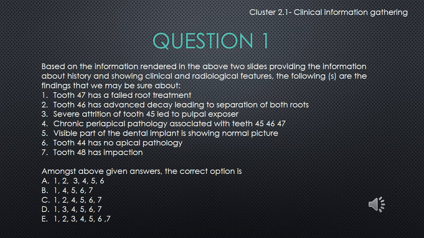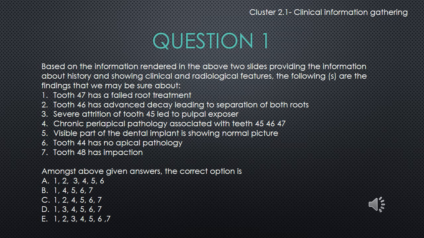1. Tooth 47 has a failed root treatment. 2. Tooth 46 has advanced decay leading to separation of both roots. 3. Severe attrition of tooth 46 led to the pulpal exposure. 4. Chronic periapical pathology associated with teeth 45, 46 and 47. 5.